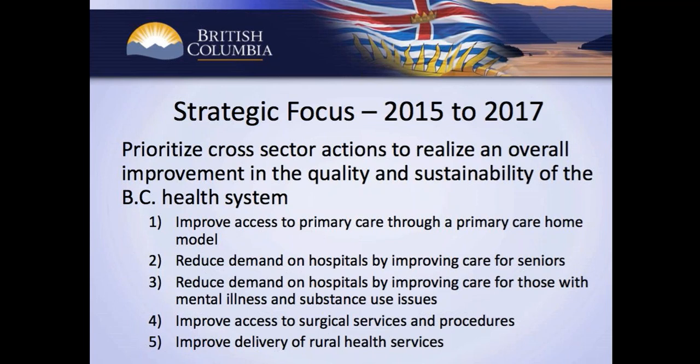They're improving access to primary care and the primary care home model, reducing demand on hospitals by seniors, reducing demand on hospitals by improving care for mental illness and substance abuse, improving access to surgical services and procedures, and improving delivery of rural health services. The presentation you're going to be having today about quality improvement tools can apply to all 5 of these areas, depending on the initiatives that you're working on.